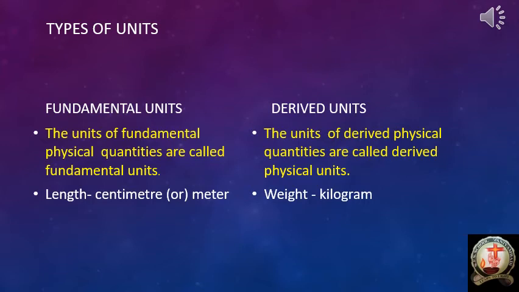The unit of weight is the kilogram. So kilogram is a derived unit. Remember, units of derived physical quantities are derived units. Weight is the derived physical quantity, so what is its unit? Kilogram. So kilogram is the derived unit. This is the explanation of the two types of units, fundamental units and derived units.